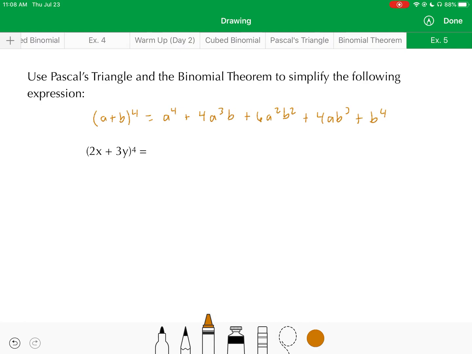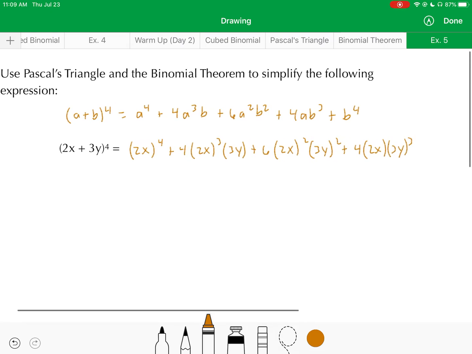In the expression 2x plus 3y, think of your a value as 2x and your b value as 3y. Substitute those into this formula. That's going to give you 2x to the fourth plus 4 times 2x to the third times 3y plus 6 times 2x to the second times 3y to the second plus 4 times 2x times 3y cubed plus 3y to the fourth.